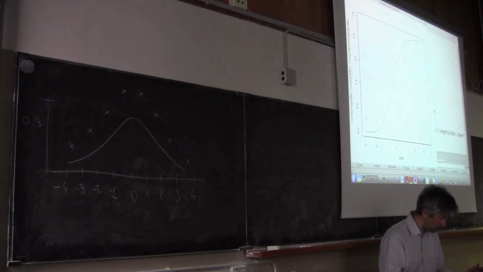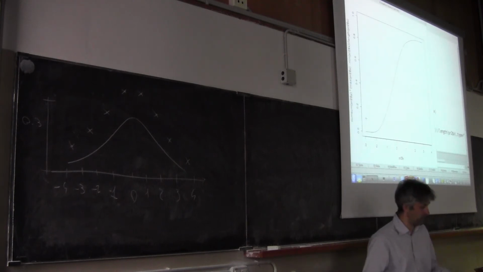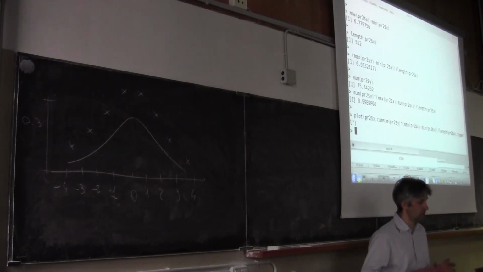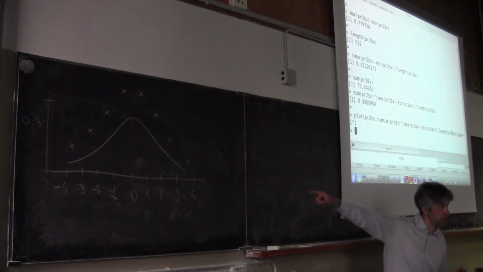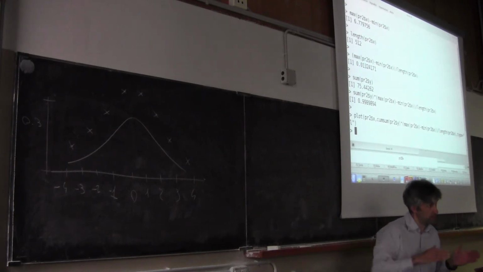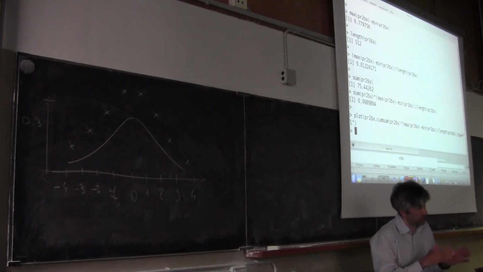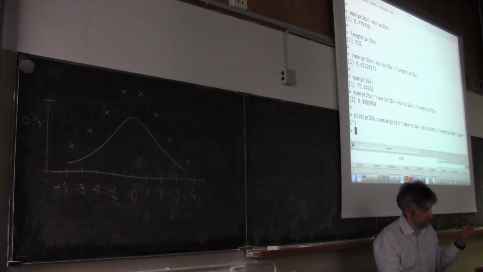It seems yes. Okay, this is my cumulative density function. I go back to the instruction. So basically what I did is to take the ordinates of the density, to take the cumulative sum of the ordinates, then I have to rescale it by multiplying it times delta x, because you remember yesterday the integral.